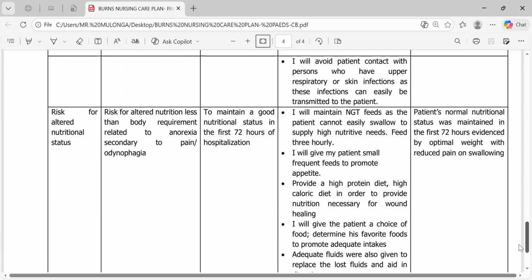So basically, the evidence is that the child has maintained a good weight. So remember, the last problem is present because of the involvement of the neck. If the question has not involved the neck, some of these points may not be present there.